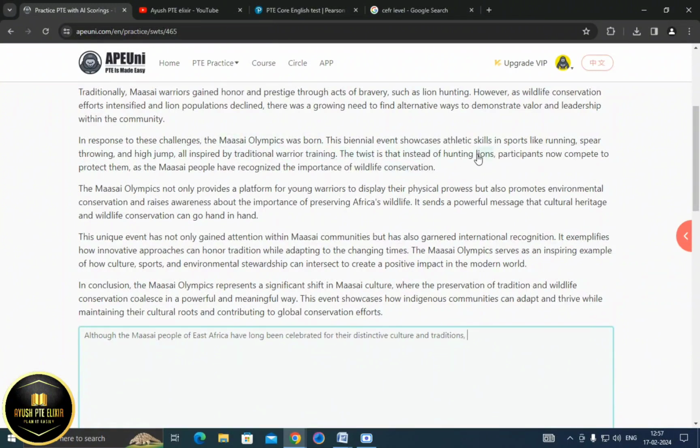The twist is that instead of hunting lions, participants now compete to protect them. Okay, we can say this one, this is the subject. Participants now compete to protect them. We should know what the 'them' is over here. Protect these animals maybe.